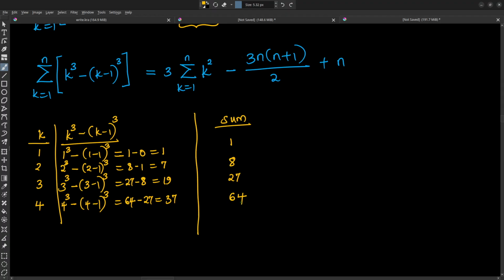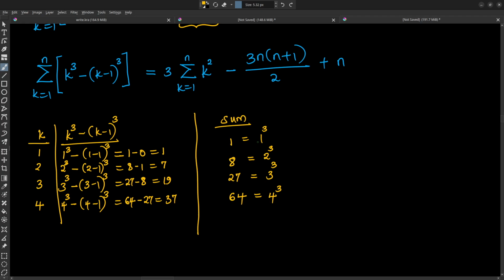But I want you to notice something up to this point. Okay, let me actually use the equals operator. 64 is 4 to the power 3. 27 is 3 to the power 3. 8 is 2 to the power 3. And 1 is 1 to the power 3. Are you seeing the pattern here? This means that all this summation is literally the value of n to the power 3.